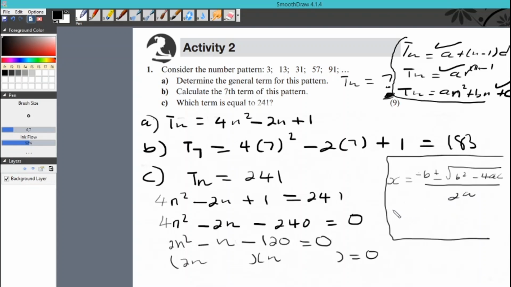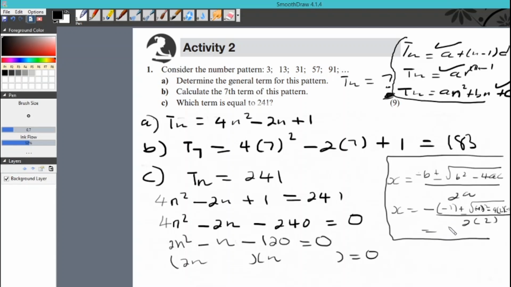Then if we substitute accordingly, b is minus 1, so minus b is 1, plus or minus the square root of minus 1 squared minus 4, a is 2, c is minus 120, divided by 2a, which is 2 times 2.